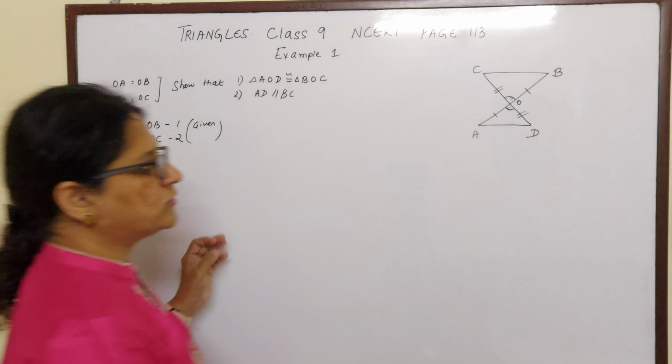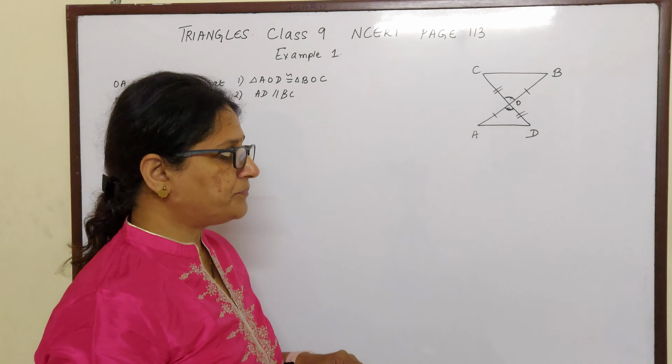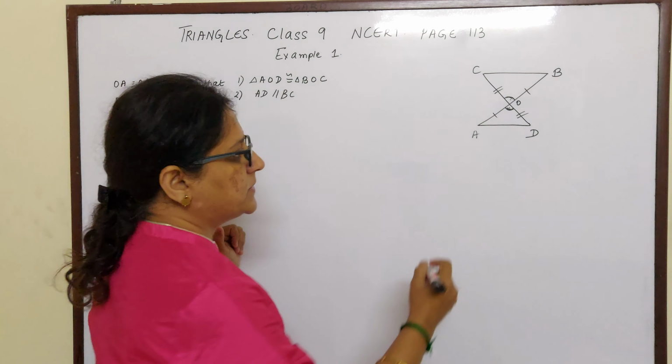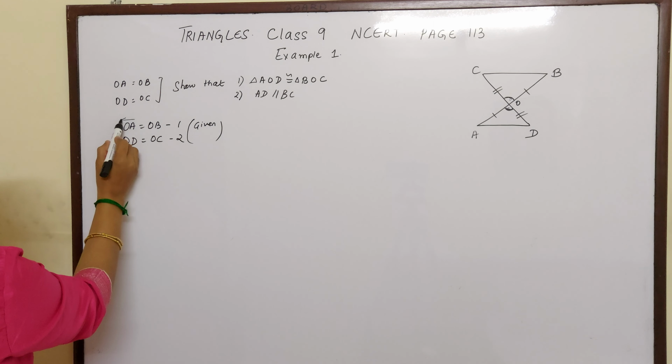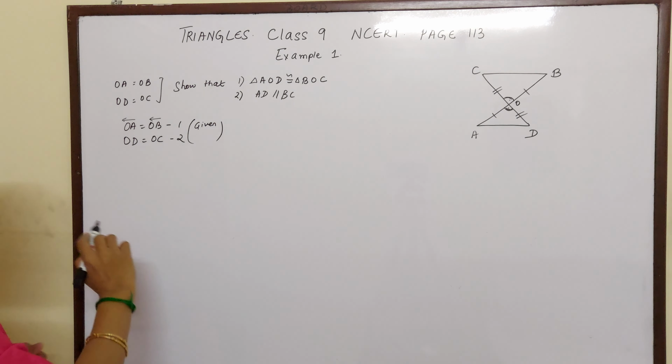Now we have found out with this diagram that these vertically opposite angles are equal. Now how will you name these vertically opposite angles? Always remember children that if you are starting from A, now AO. Now here what is AO? AO is going like this, AO. So here that side you have to tell BO. Okay.